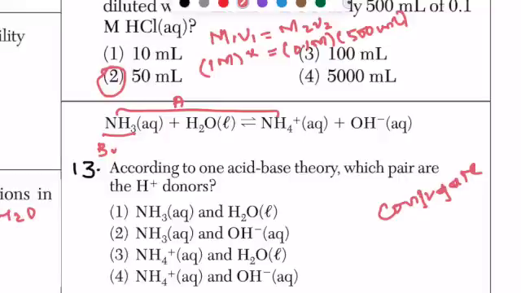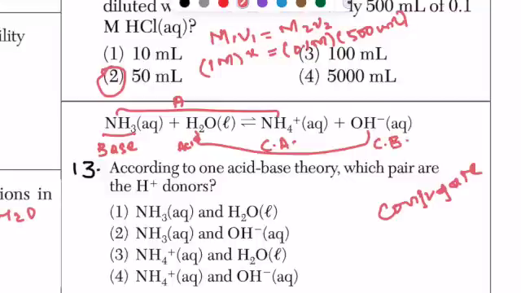So this is the base if it's accepting, but NH4+ is going to be the conjugate acid of that base, and then H2O is going to be the acid because it's donating, and this right here is going to be the conjugate base.